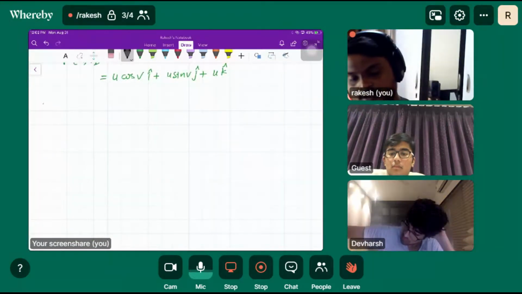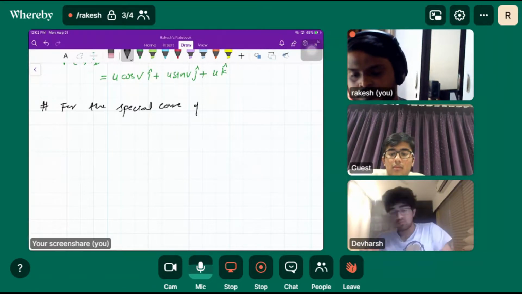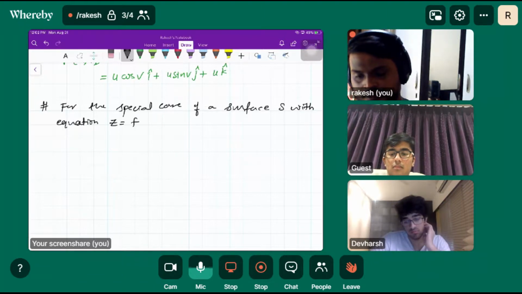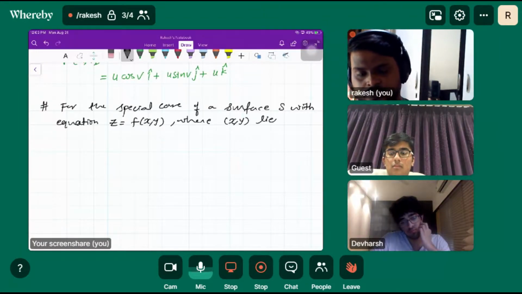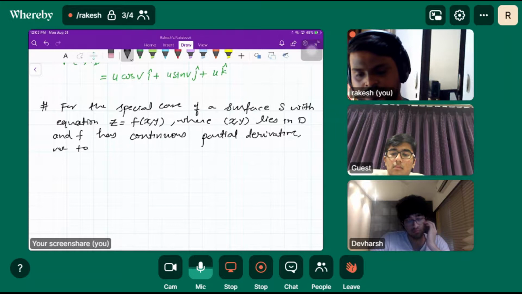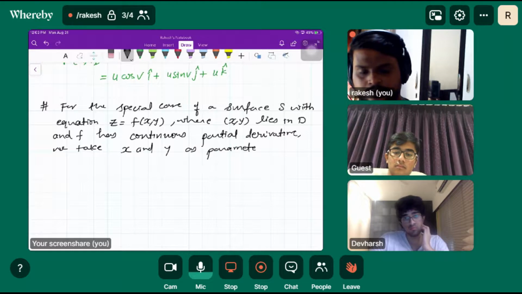Write down: for the special case of a surface S with equation z is equal to f of x comma y, where x comma y lies in D and f has continuous partial derivatives, we take x and y as parameters.